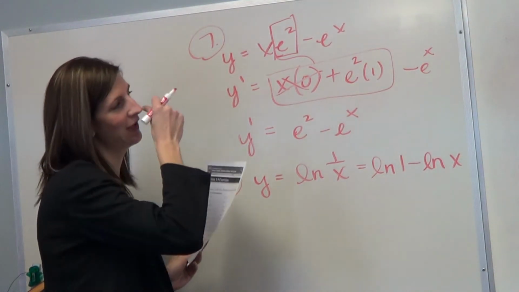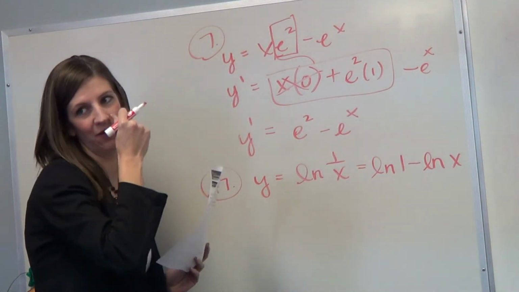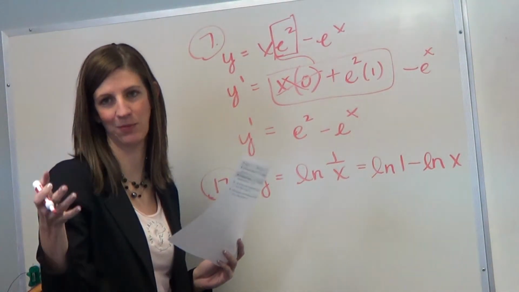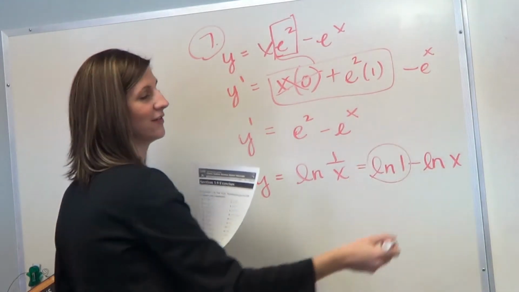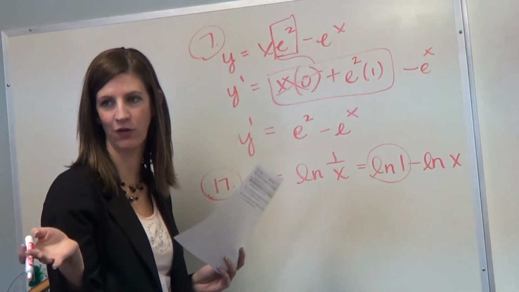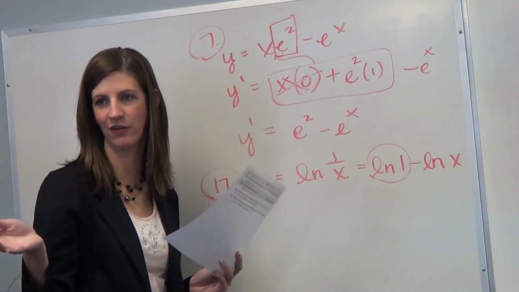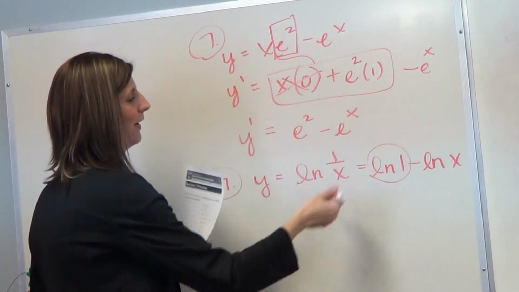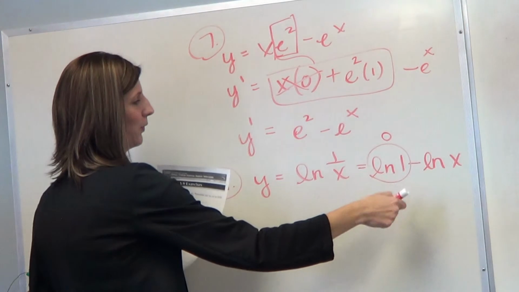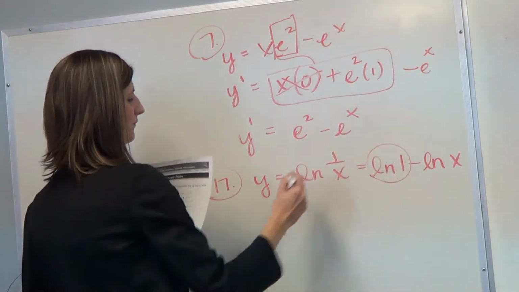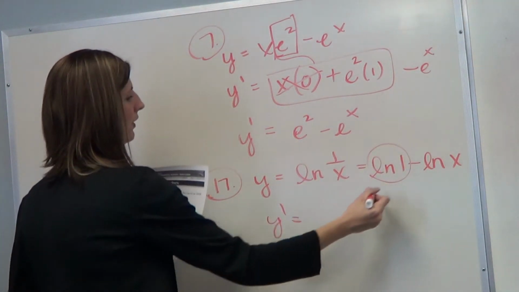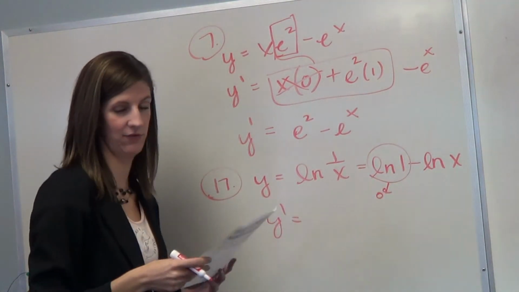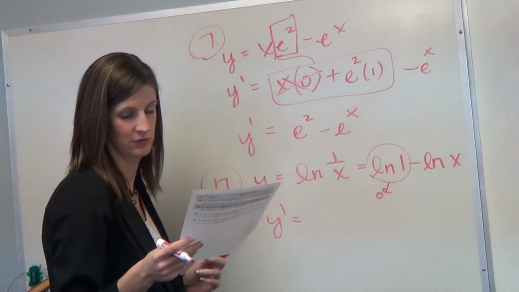Alright, we need to, again, be mindful of what are constants. Because when we're taking derivatives, if it's a constant, it's just going to be 0. So this is a constant, right? The natural log of 1, you can type that into your calculator and you'll get a number. There's no variables in that, so that would just be 0. So we're taking the derivative of negative ln of x.